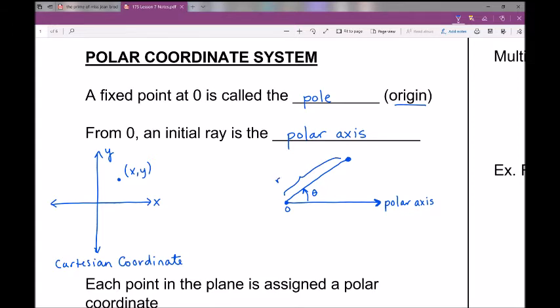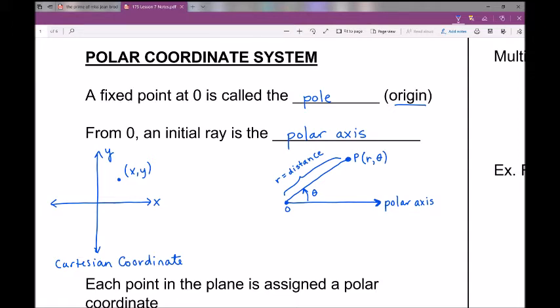So this is r, and that's going to be a distance. And so any point, we'll call this point P in the polar coordinate system, we're going to describe with a coordinate r, comma, theta. So instead of x and y, you have a radius and an angle.